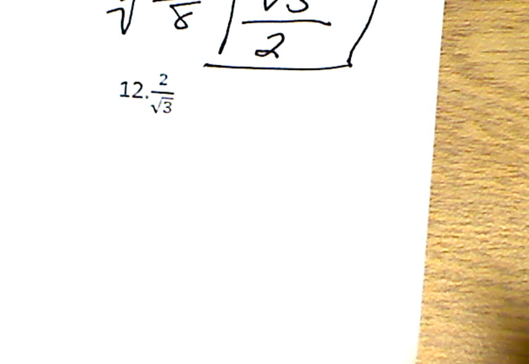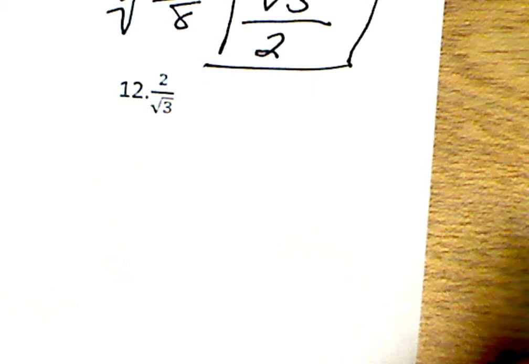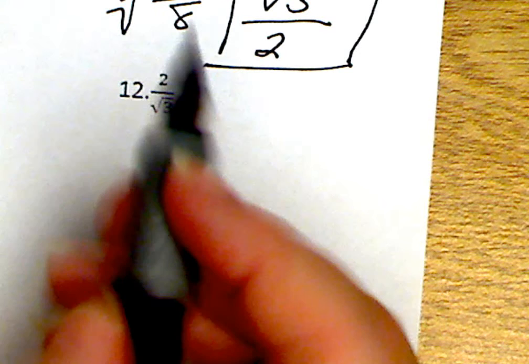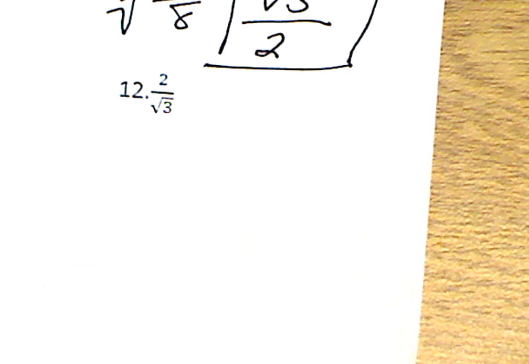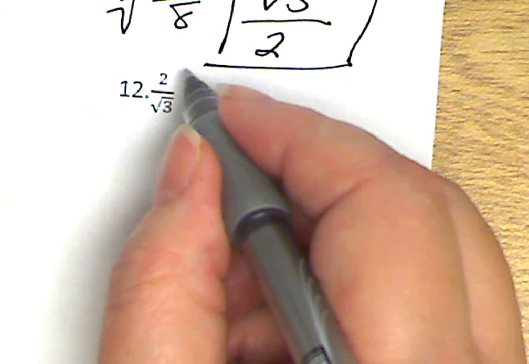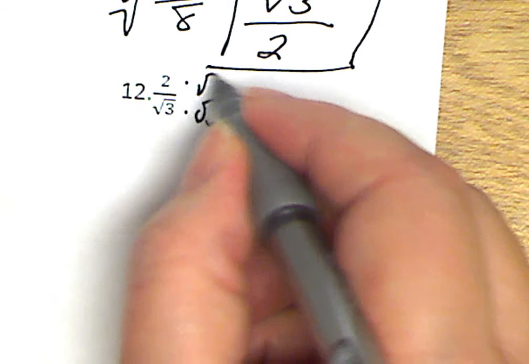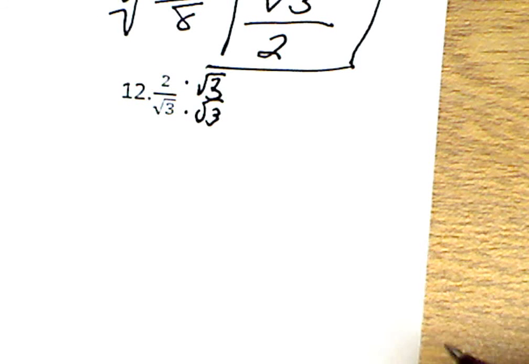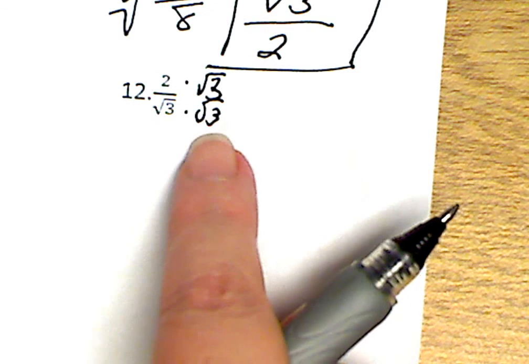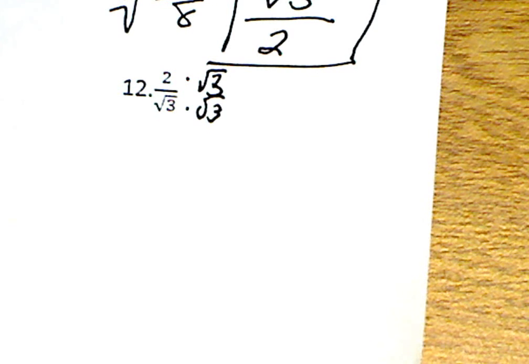We can't have the square root on the bottom, and this leads into today's stuff, you can never have the square root there. So we have to multiply by the square root of 3. Now, this is important. I want you to tell me, why do I multiply by the square root of 3 and not something else? Well, because you can't have the square root on the bottom, but why not the square root of 2?